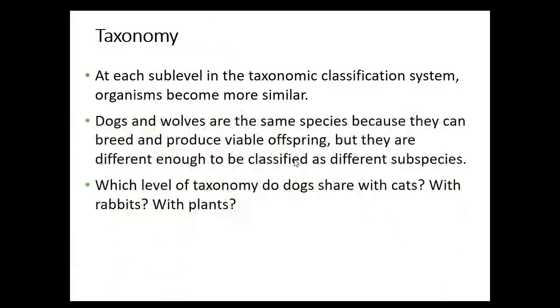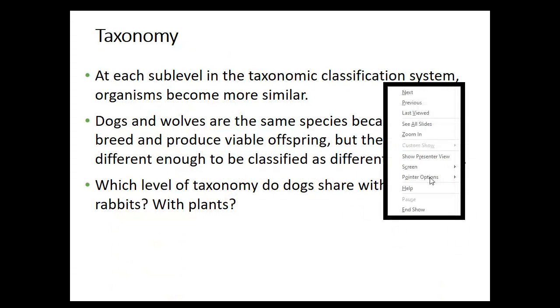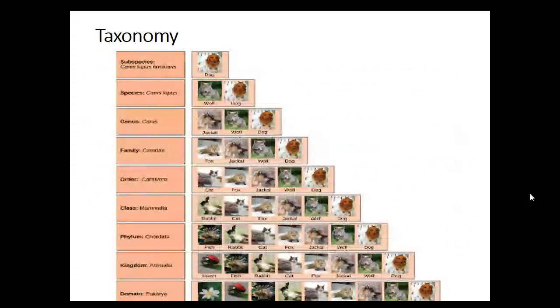We talked about dogs and wolves. Which level of taxonomy do dogs share with cats? The dogs and cats are both mammals. They're both carnivores, but they're not both canines. So dogs and cats are in all of these groups, but only dogs are in this family Canidae. Cats are in a different family, the Felidae.